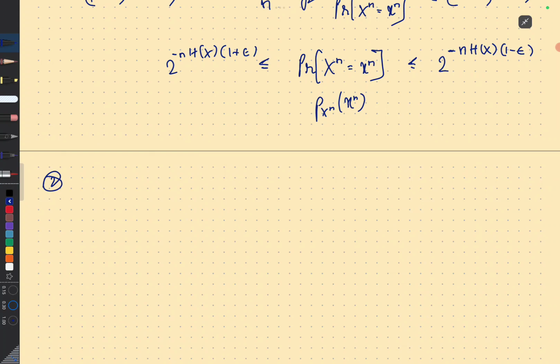The next point is, how do we bound the size of the typical set? For this, we'll play a trick, which is, what is the probability that Xn lies in the typical set?